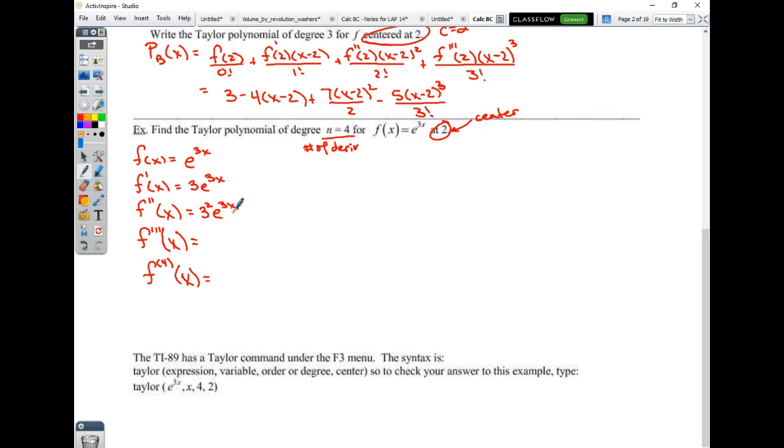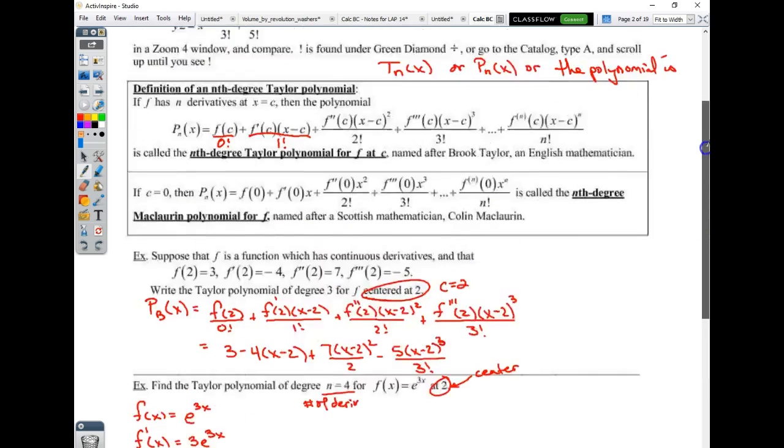The next term, again, not terrible, is 3 cubed e to the 3x, and the next term is 3 to the 4th e to the 3x. So to do an nth degree polynomial, I'm going to require that many derivatives, typically. Talk about that in a minute.